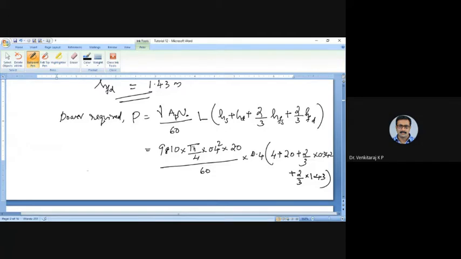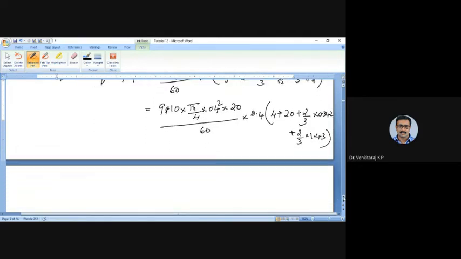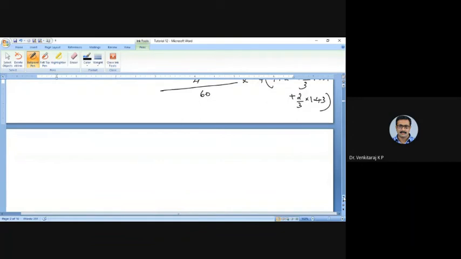So this is the theoretical power that is required to drive the given pump. Substitute and calculate the values. Finally, you will get the power required as equal to 4.2 kilowatt.